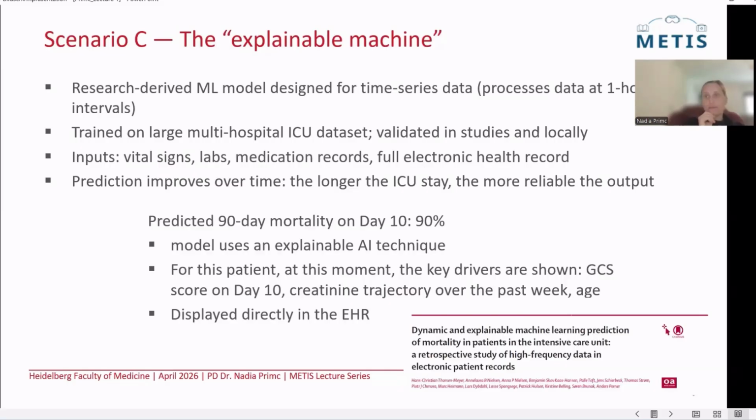So for this specific patient at this specific moment, the system identifies and tells the doctors which variables contributed most to the prediction. And in our case, the display in the electronic health record shows the doctors that the three factors driving the prediction most strongly for our patients are his Glasgow Coma Scale score on day 10, the creatinine trend over the past week, and his age.